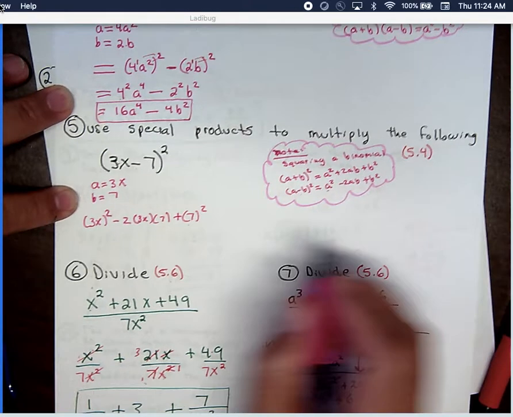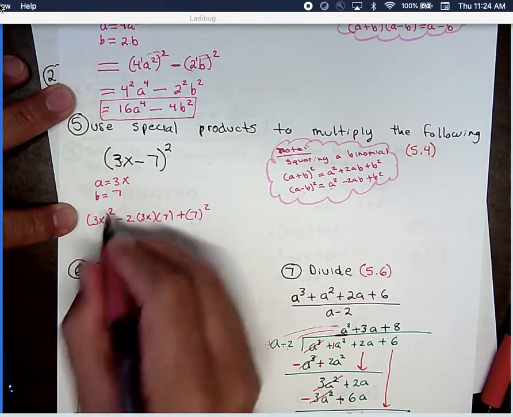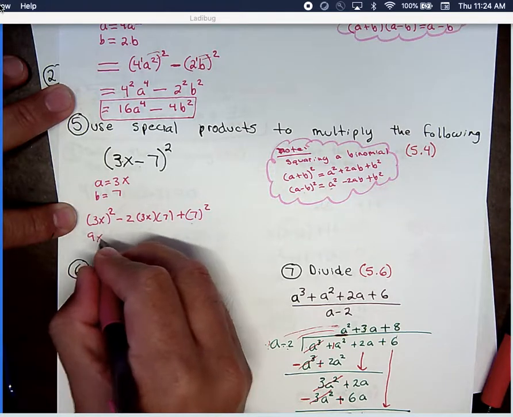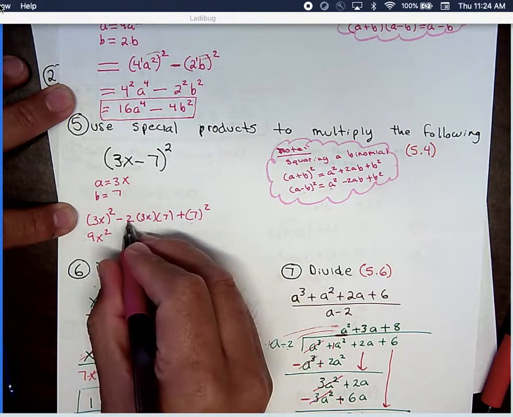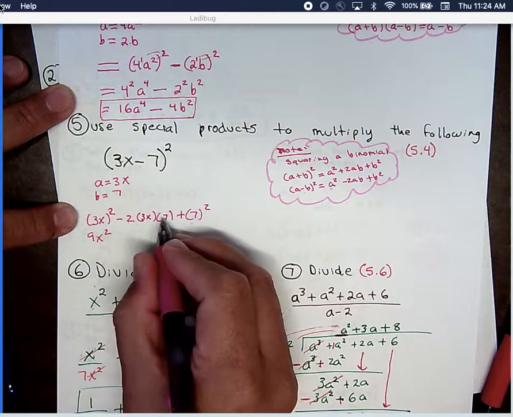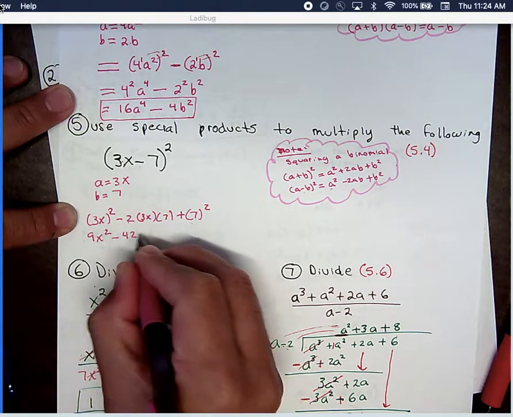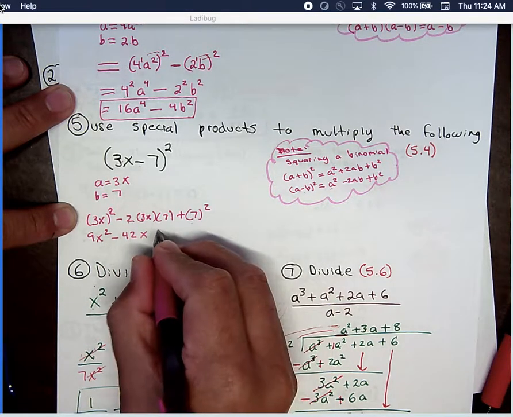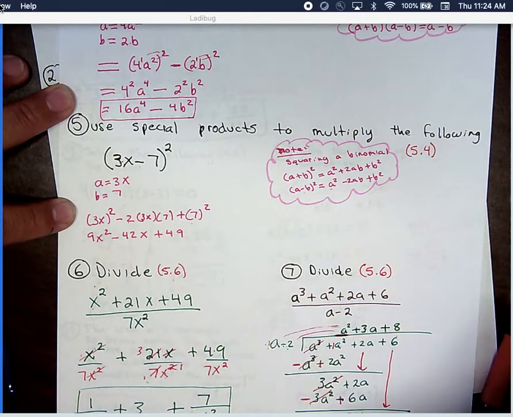Using that formula, here 3 squared would be 9, and then x squared, and then 2 times 3 is 6, 6 times 7 is negative 42x, and then plus 49. And that's the answer for this one.